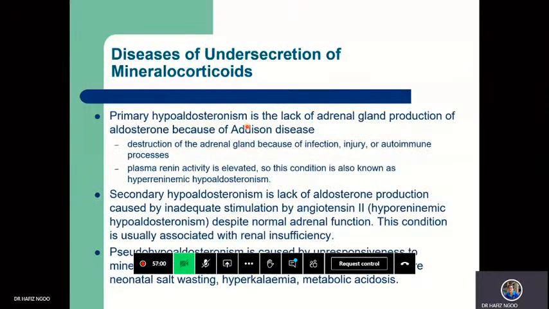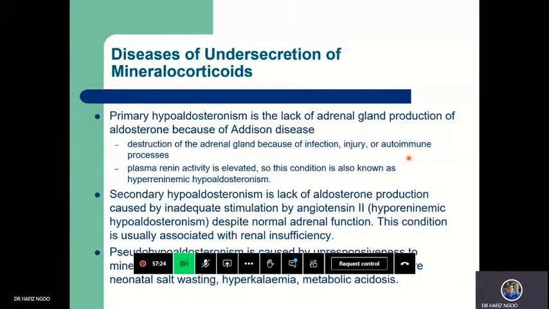And then you have diseases of under-secretion of aldosterone. These are the primary hypoaldosteronism. There is a lack of adrenal gland production of aldosterone, and this is known as Addison disease. Addison disease is due to destruction of the adrenal glands because of infection, injury, or autoimmune disease, basically injuries to the adrenal glands.